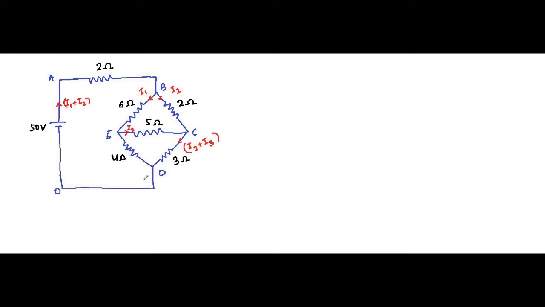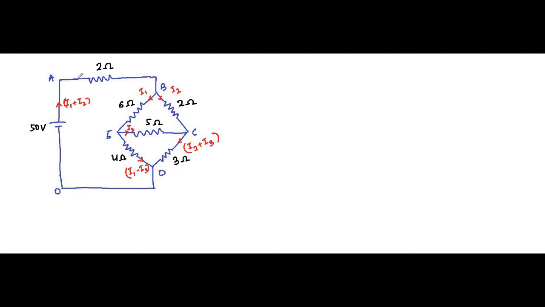Here I1 is flowing towards node E, I3 is flowing away, so this one will be I1 minus I3. We have assigned the nodes A, B, C, D, E, O for easier analysis of the circuit.